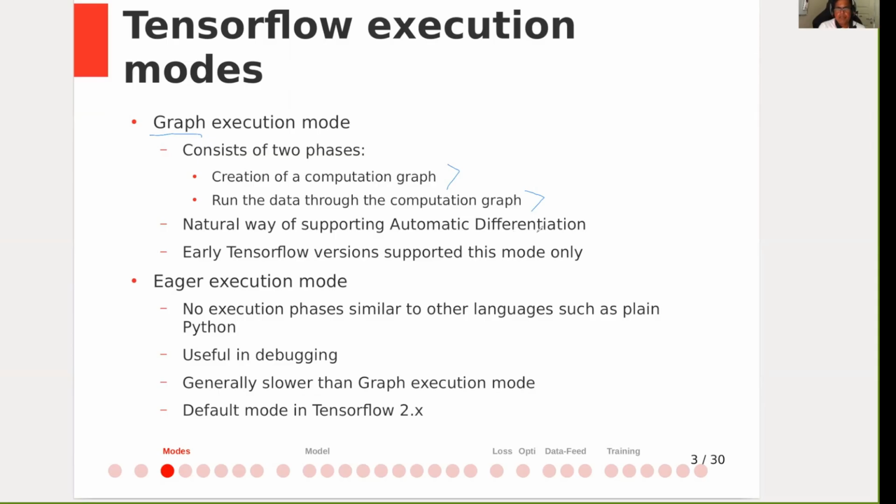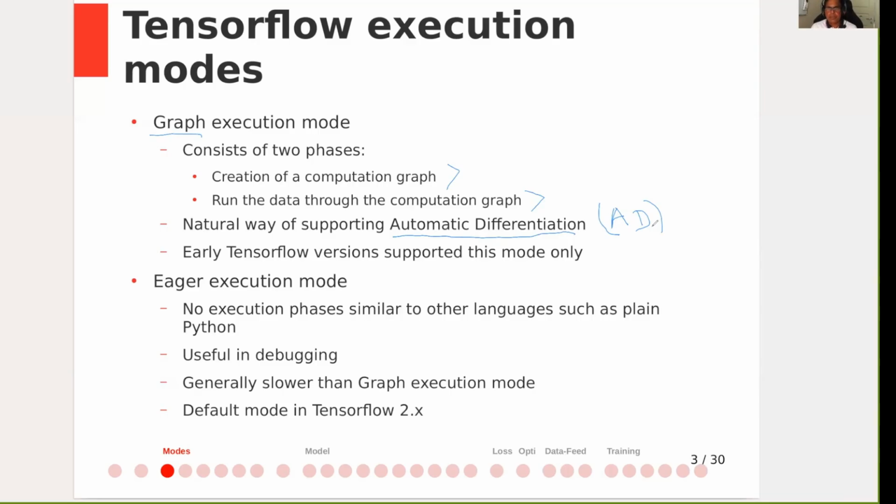And the graph execution mode is a natural way of supporting so-called automatic differentiation, or AD, an important feature of modern deep learning frameworks. If you did not have this feature, then you would have to write formulas and your own code to calculate the gradients through differentiation of different functions in your operations.